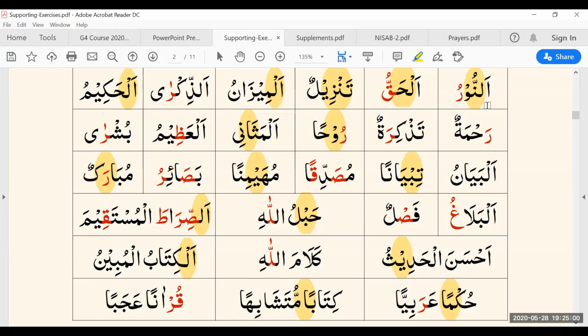And which rule are we applying here? Letters of elongation, right? Alif, waw, and ya. Is it huruf al-lin? No, not huruf al-lin. We have waw preceded by dhamma, right? So it's huruf al-mad, letters of elongation.